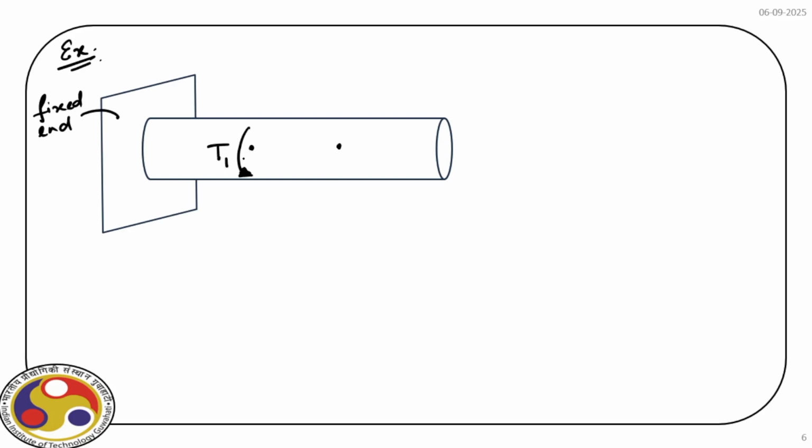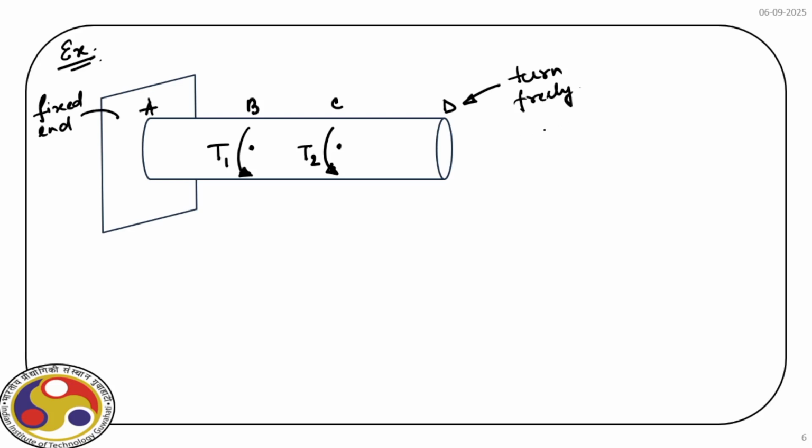Say this is T1 and the second one is T2. Let us mark the points. So this is A, this is B, C, and this is D. Now there is no torque applied at the free end, so this free end is allowed to turn freely.